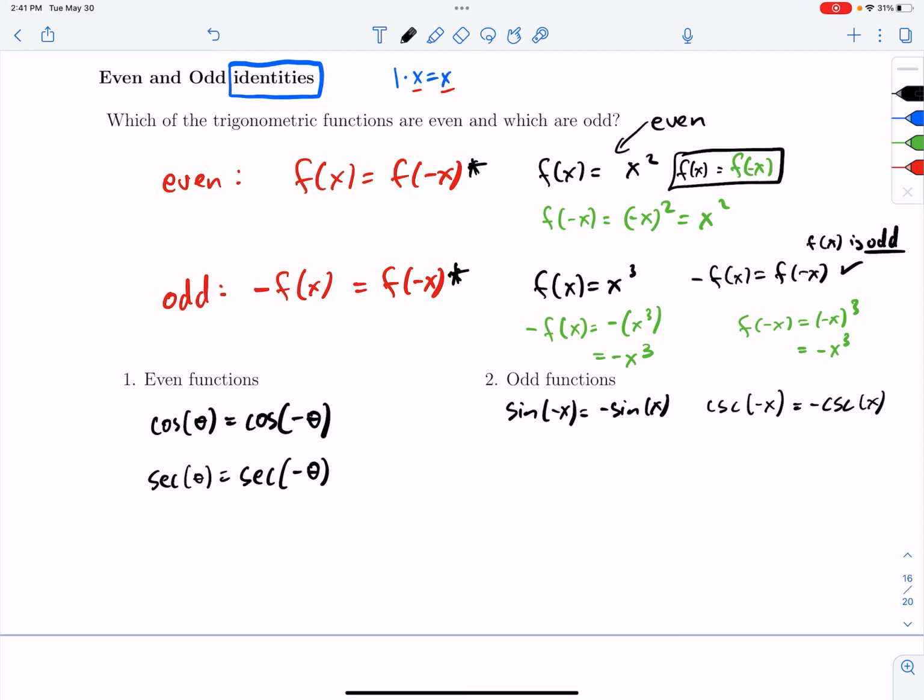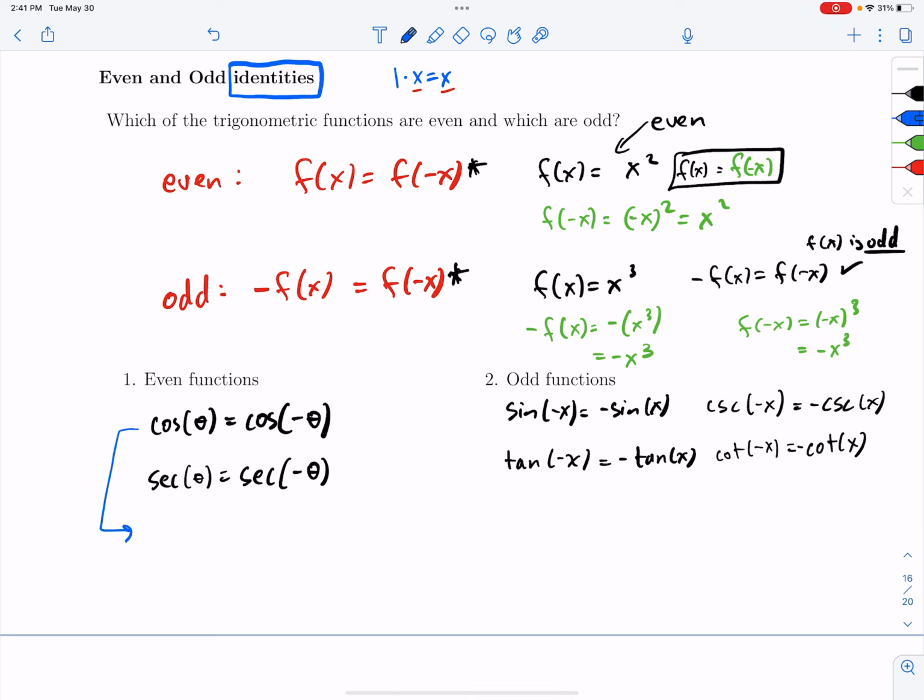Okay, so cosecant, which is the reciprocal of sine, that is also an odd function. And then the last 2 remaining trig functions. So tangent of negative x is equal to negative tangent of x. And then cotangent of negative x is equal to negative cotangent of x. So let's talk about why these are true.